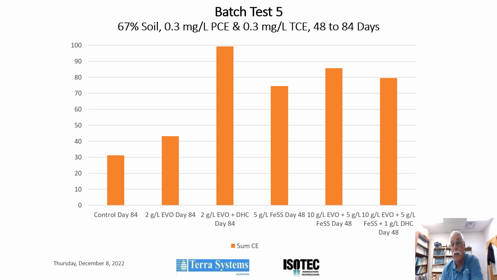And then finally, the combination of EVO, bioaugmentation culture, and ferrous sulfide gave a removal of 80%. Almost complete dechlorination was observed with EVO and DHC over 84 days. The ferrous sulfide showed 75% removal of some chlorinated compounds over 48 days compared to the control loss of 31%. The addition of the EVO and ferrous sulfide performed slightly better than the ferrous sulfide alone.